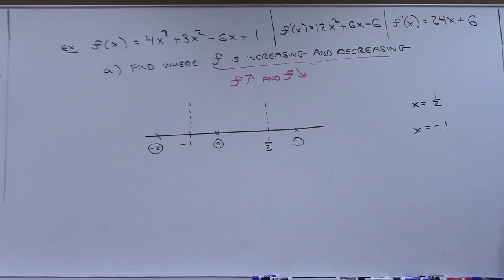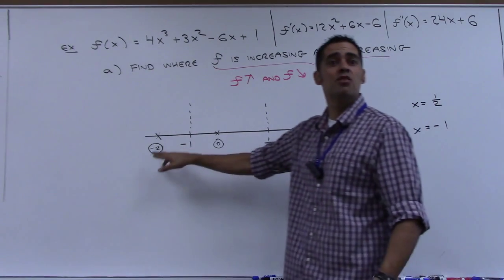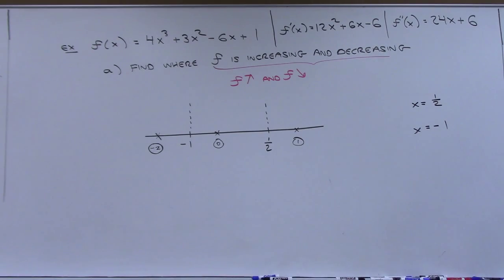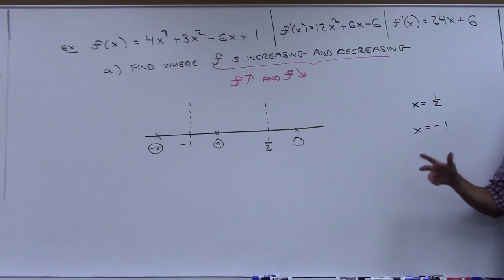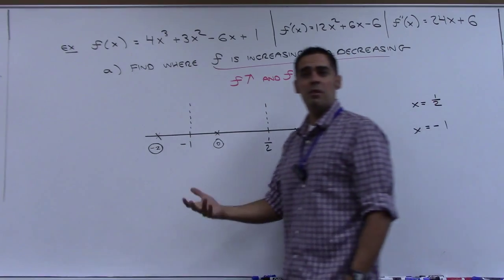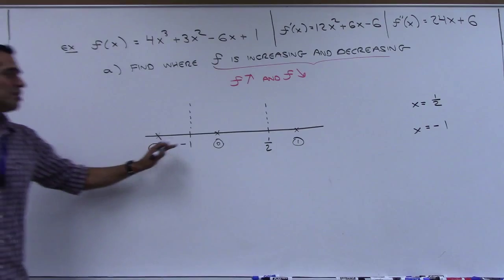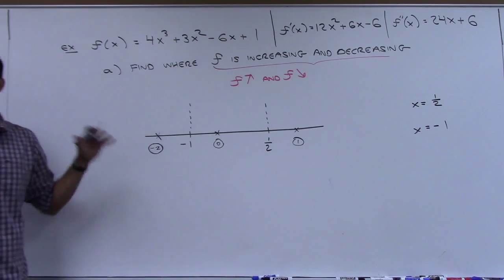The derivative, right? We want to know where the derivative is positive, where it's negative. So these test points need to go into the derivative. And that's where you can run into some trouble, because the biggest mistake I see on this is the closed interval method, we're always plugging points into the original function. Once we get away from closed interval method, we're using test points, we're plugging these into the derivative.